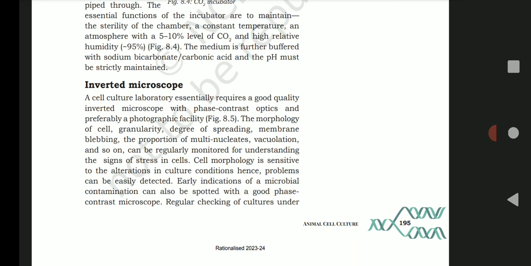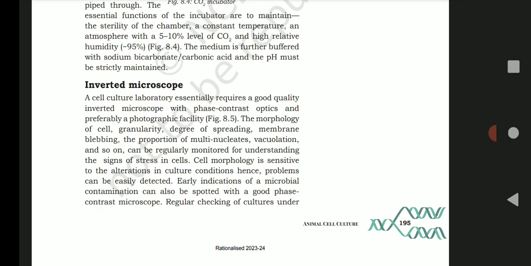Another equipment used for our cell culture is the inverted microscope. What does inverted microscope mean? This inverted microscope has phase contrast optics, and it is responsible for the identification of the cell, degree of spreading, and membrane blebbing. All these things can be analyzed with the help of this inverted microscope.